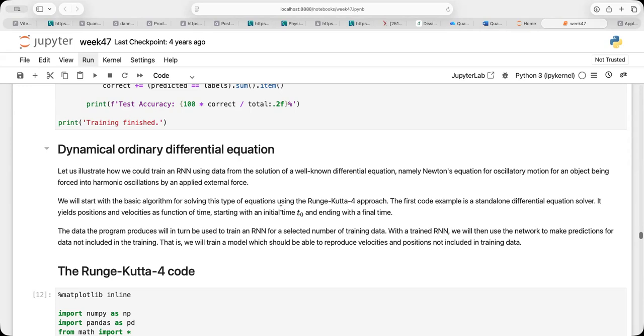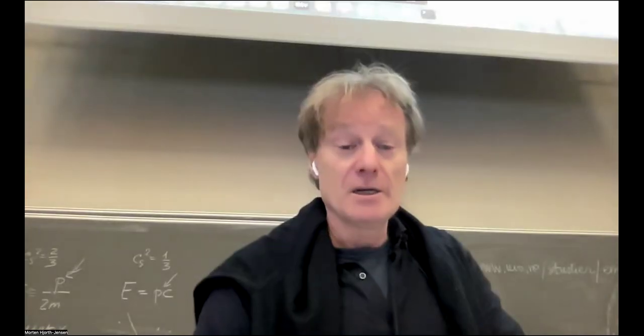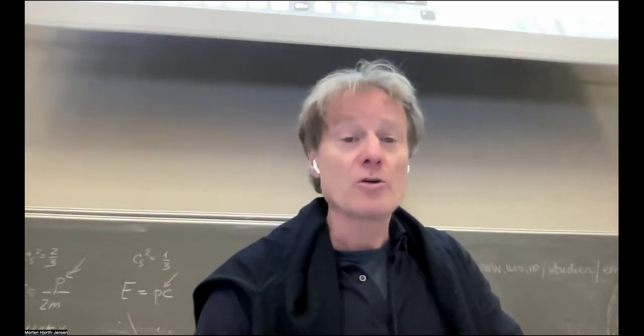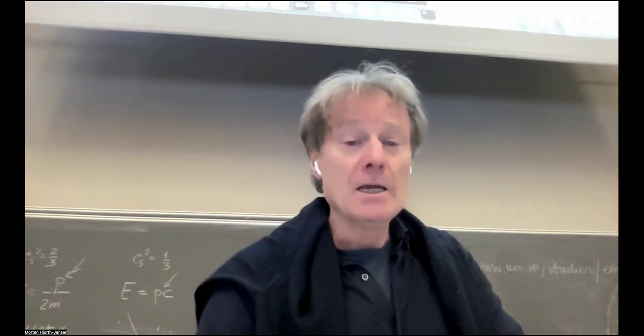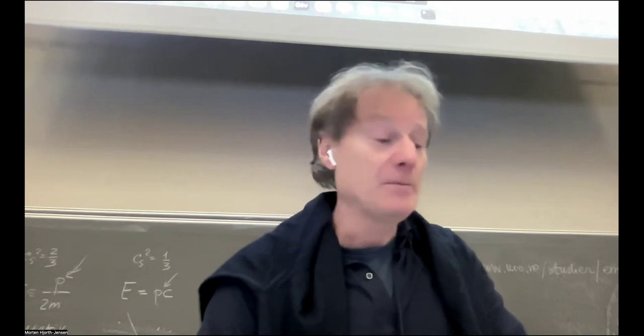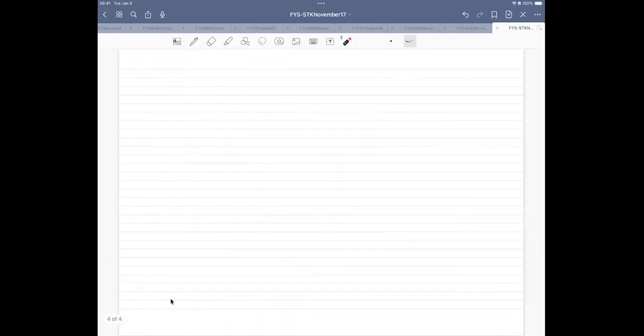Let me quickly remind you of what we did last week, because I used a differential equation to motivate the recurrent neural networks. Let's take a look at the differential equation which we are going to simulate.